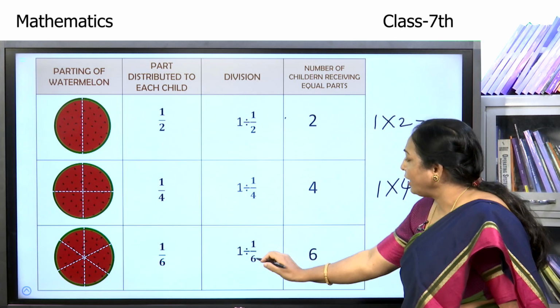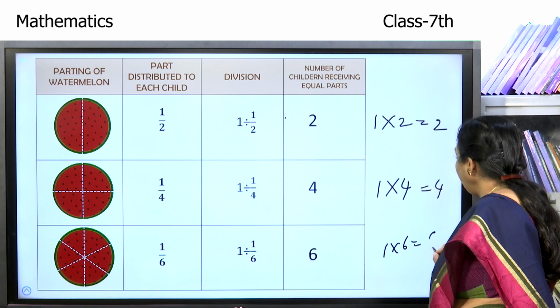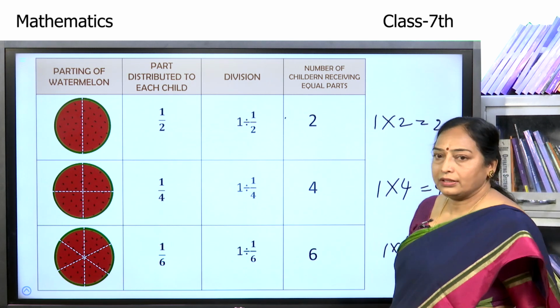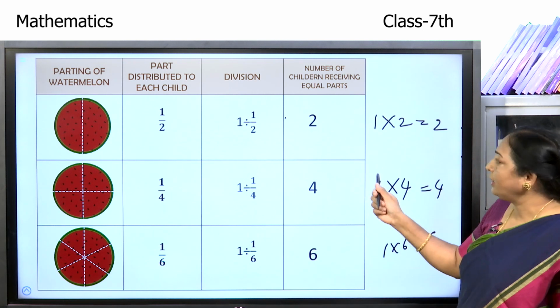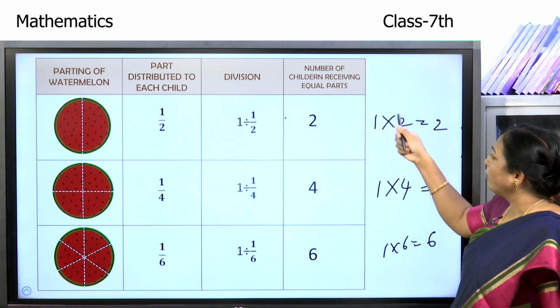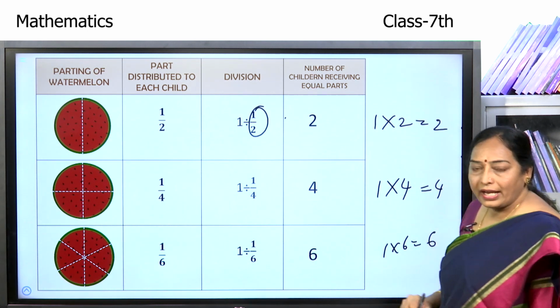Similarly, 1 and 6, we get 6. Here, we multiplied the whole thing by the reciprocal of the fraction.